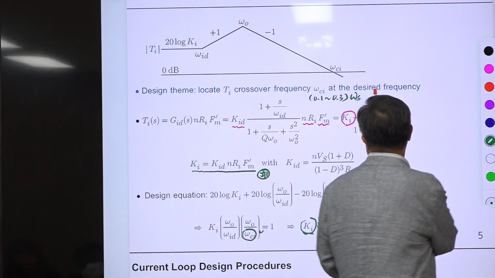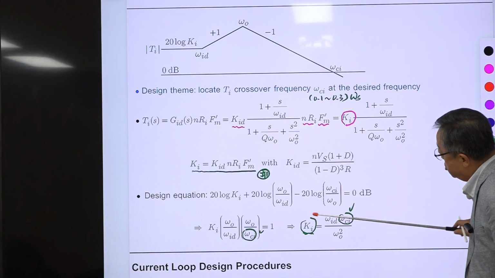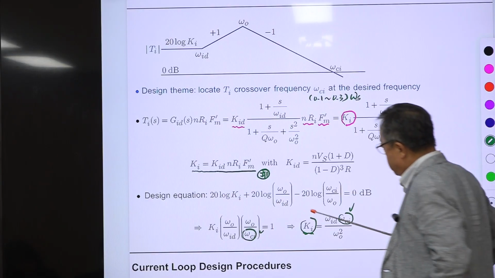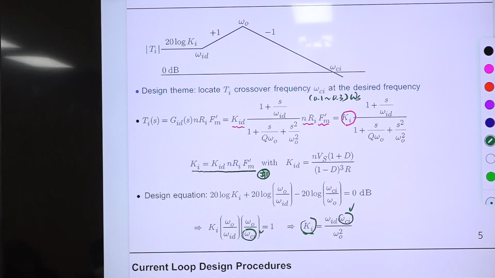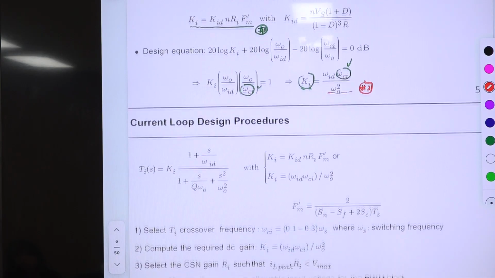So you select omega Ci first, then you have this equation, and you have this equation. This is the second equation. So denote this as equation number 2.